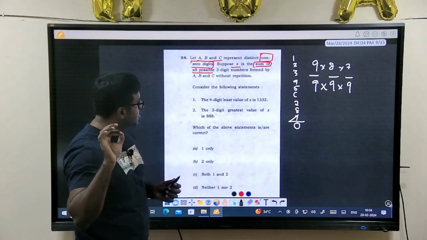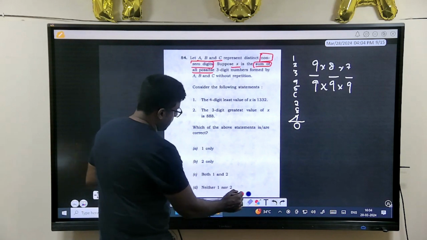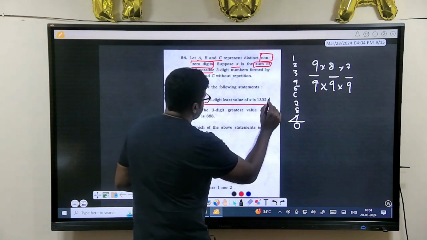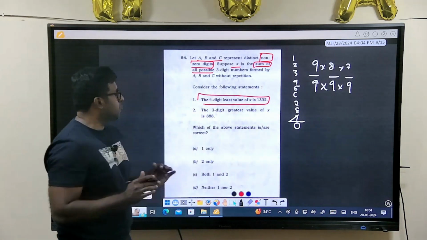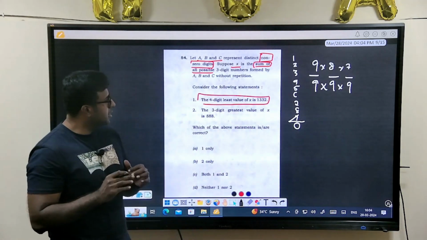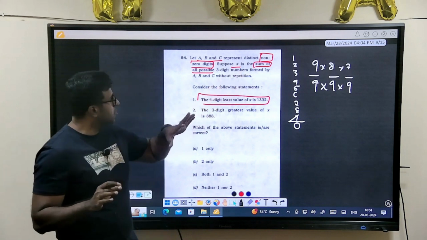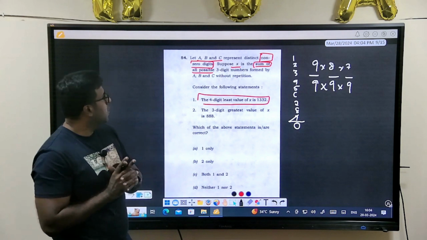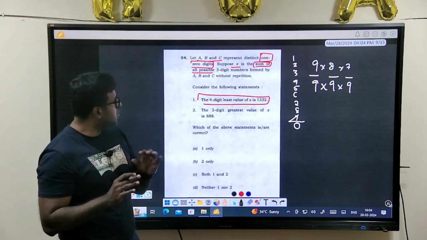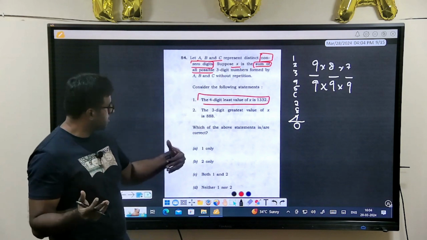Consider the following statements. The statements are: the 4-digit least value of x is 1332. X is the sum of all possible 3-digit numbers formed by ABC without repetition.